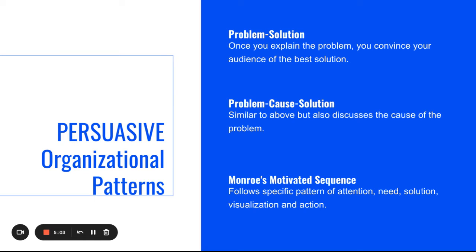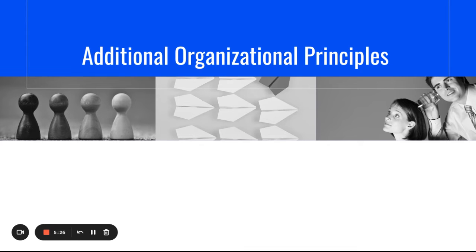Solution: I bought Proactiv. I use Proactiv. Now look at my face now. It's so clear. Visualization. And then finally, action is buy this, and this is going to be the result of it. So I think we see a lot of times Monroe's motivated sequence in advertising, but I think anytime you're talking about policy, some political topics, Monroe's motivated sequence is a very helpful organizational pattern.